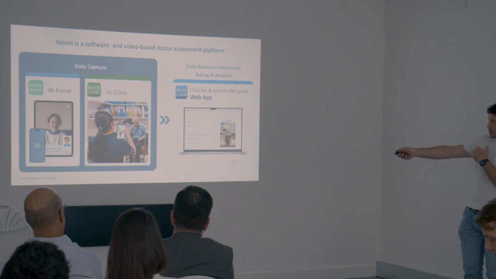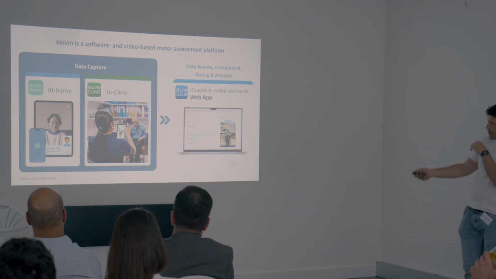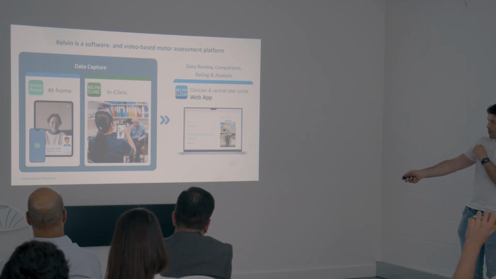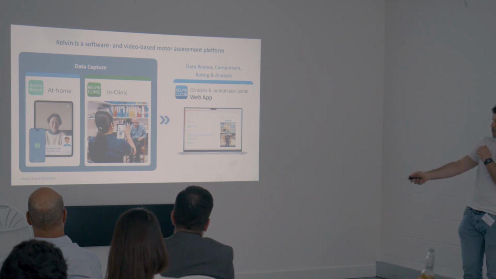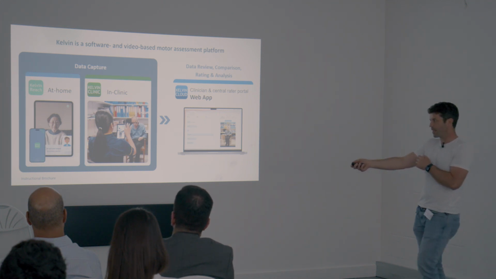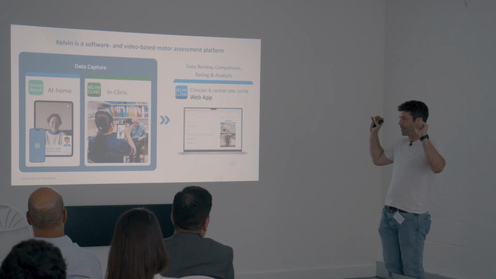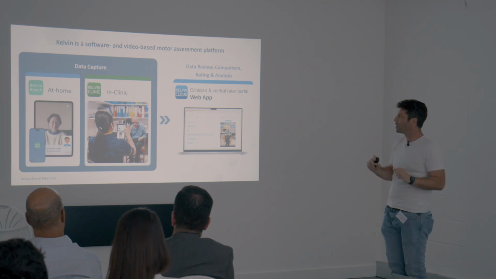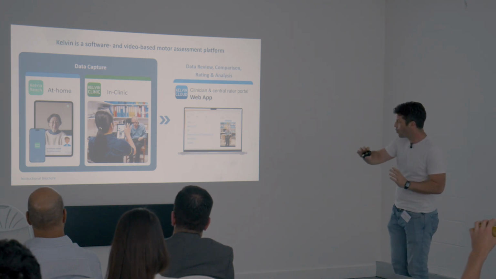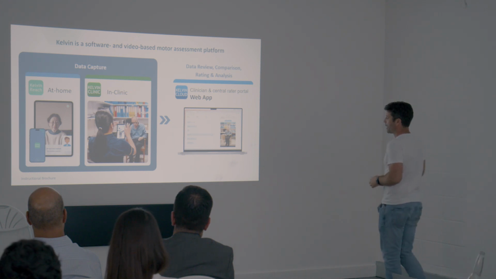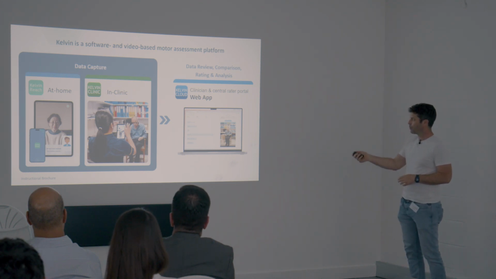That might be a clinician who would have their own tablet in the clinic, and they would install our software and record the video, or a patient at home using Kelvin Reach. This is a little chap here, Kelvin, who pops up when they open the app and tells them to do this or that, and then video is recorded, and it all gets uploaded automatically to the cloud where it's stored.